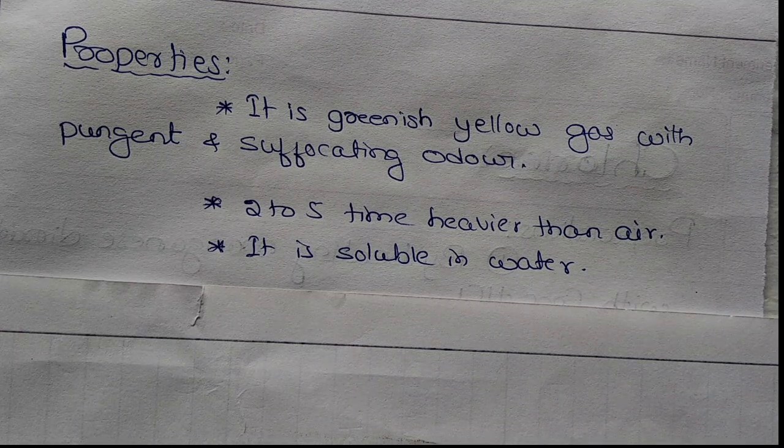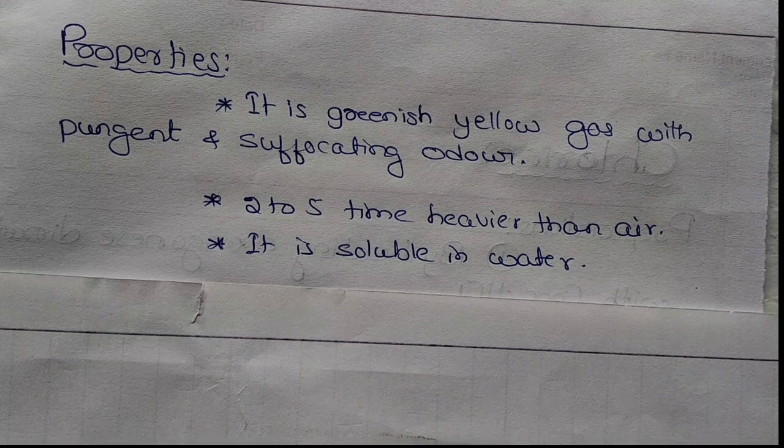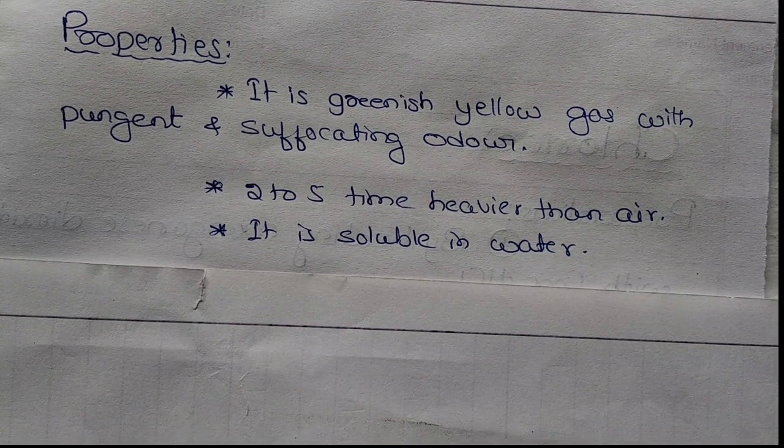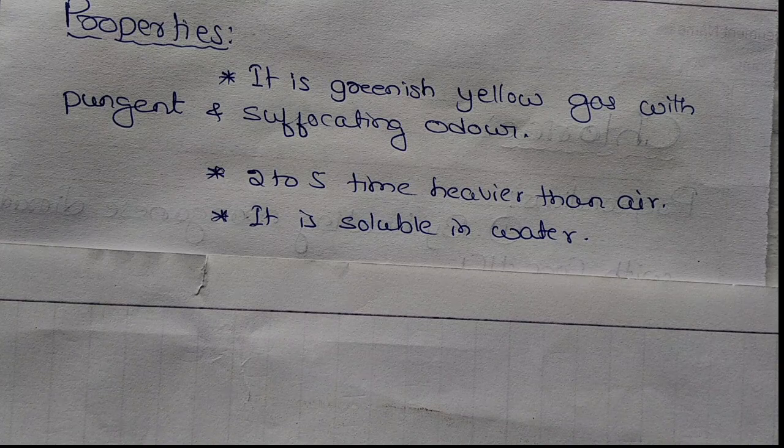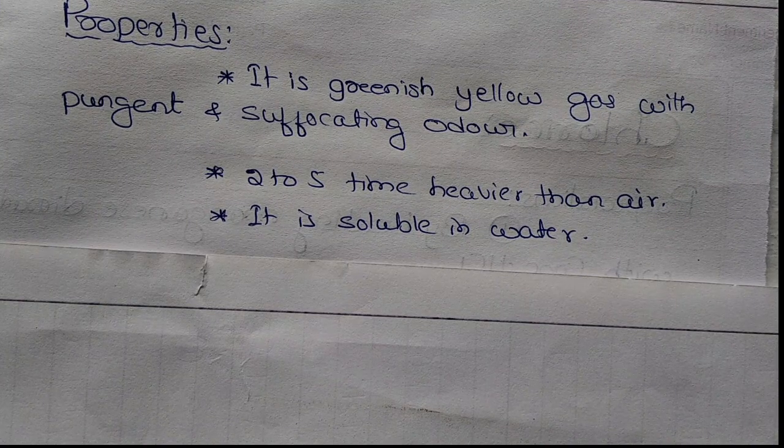In chemical properties, it reacts with metals and non-metals to form chlorides. With sodium it gives sodium chloride, with aluminium aluminium chloride, with iron iron chloride. And with non-metals like phosphorus and sulfur it gives phosphorus trichloride and sulfur chlorides, disulfur dichloride. So like that it gives some chlorides.